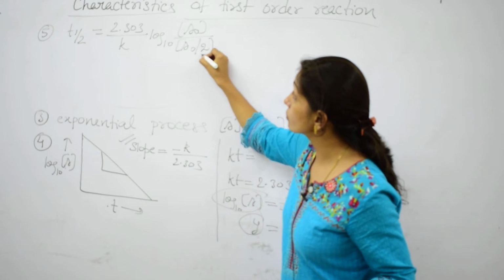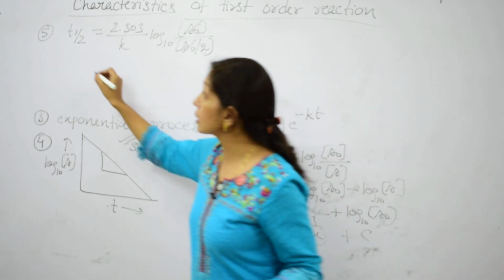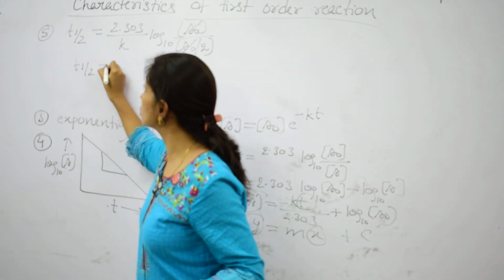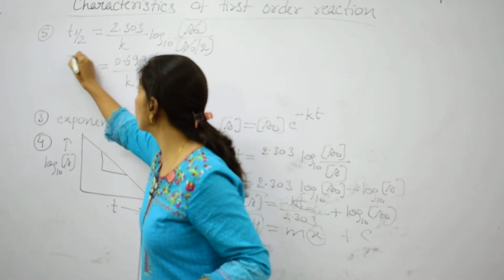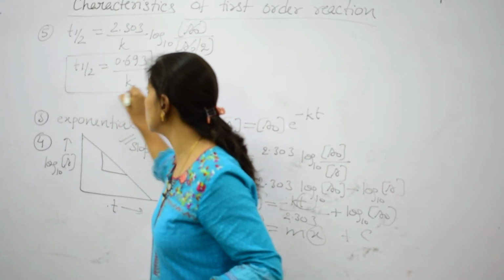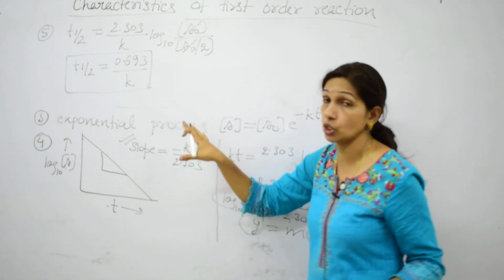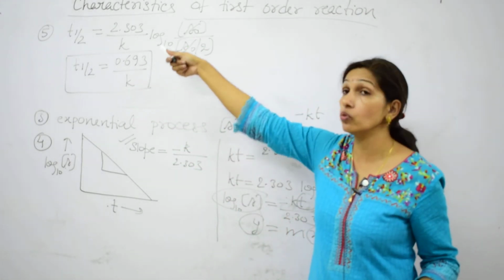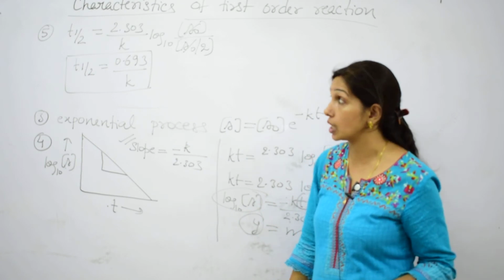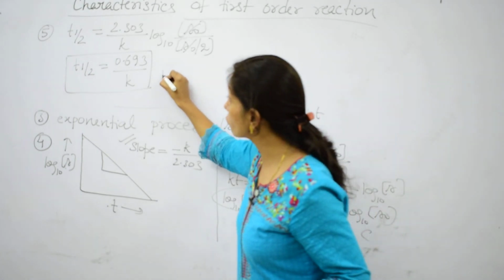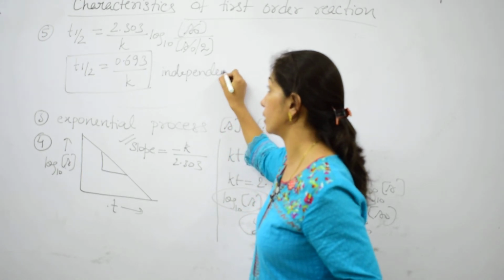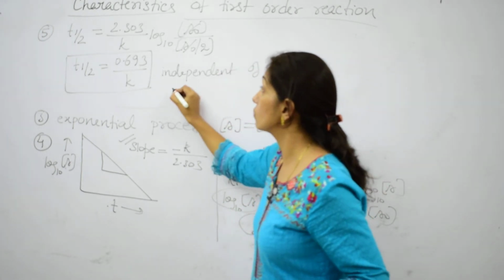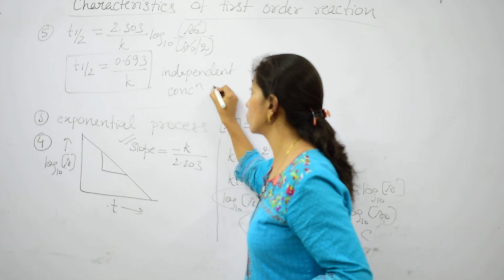Therefore, t half is equal to 0.693 upon k. If we put the value of log 2, 0.3010, we will get 0.693 upon k. So, half life is independent of the concentration of reactant.